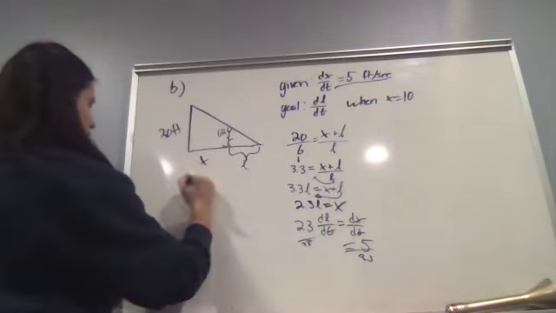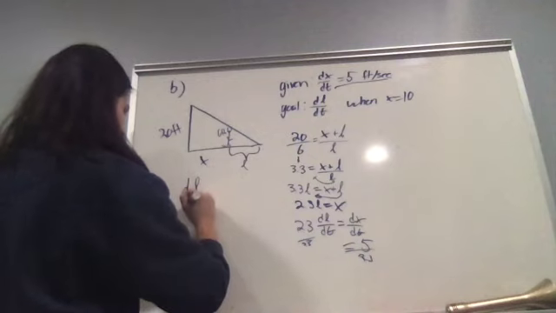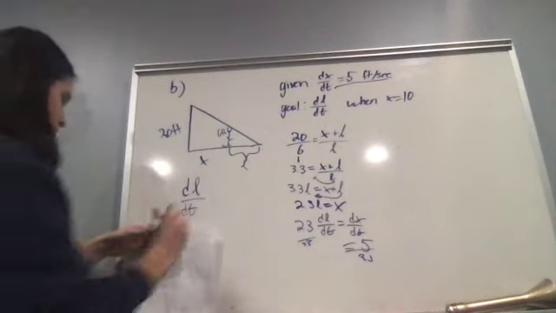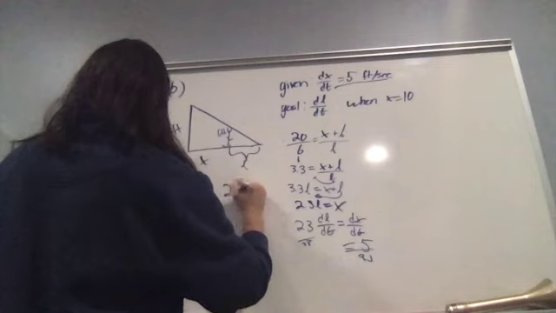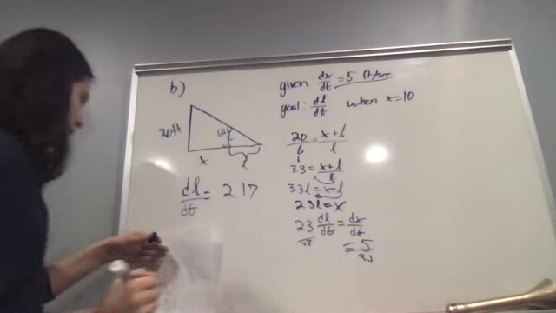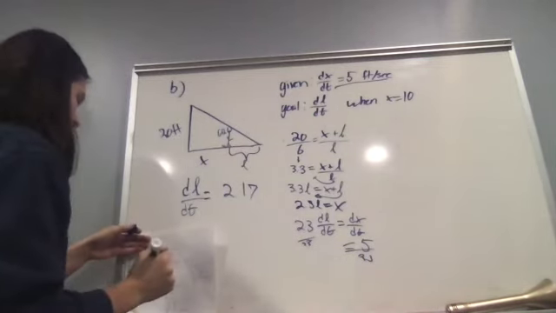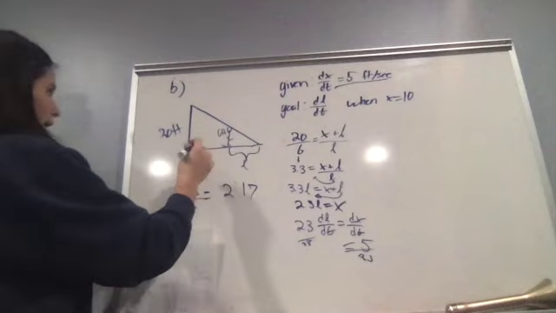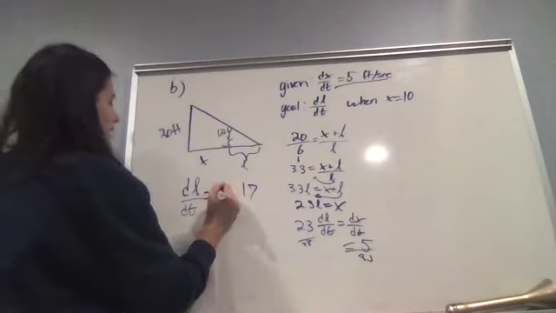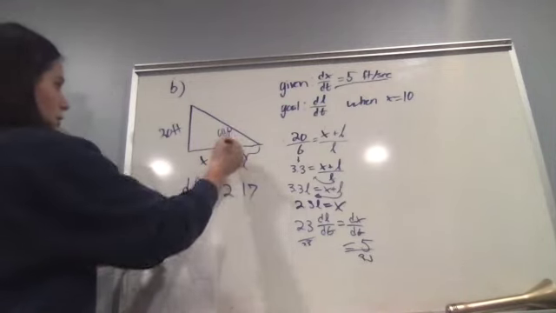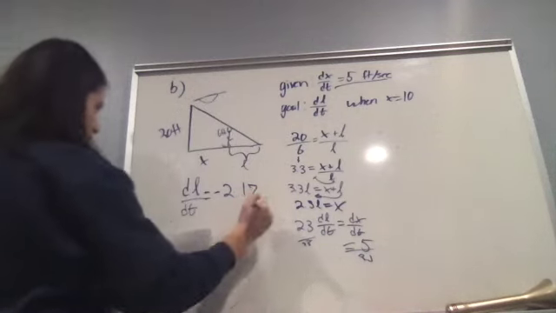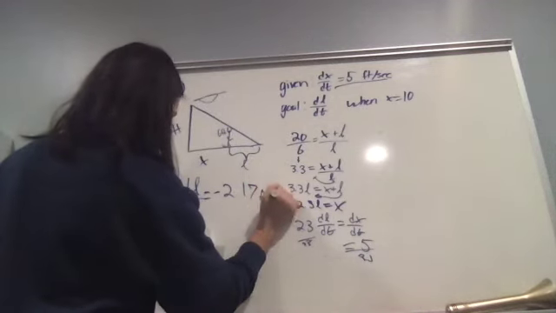So in the end, the rate at which the length is changing, or dl over dt, is 2.17. But like we had before in the last problem, it has to be negative because we're going towards the light. And that unit is feet per second.